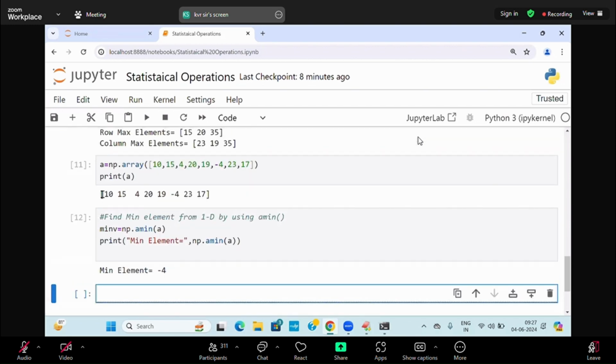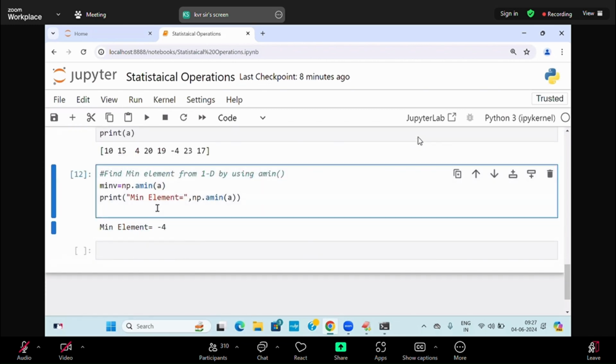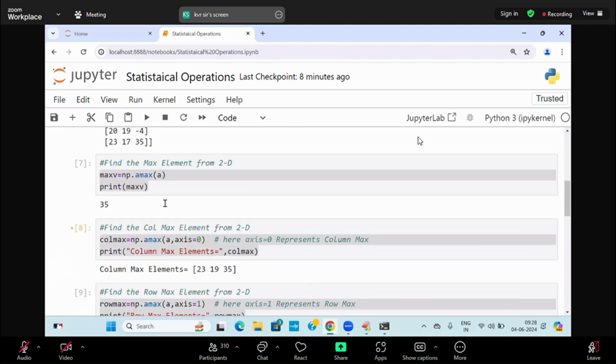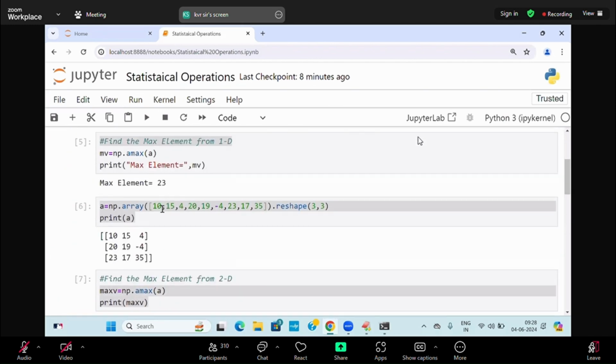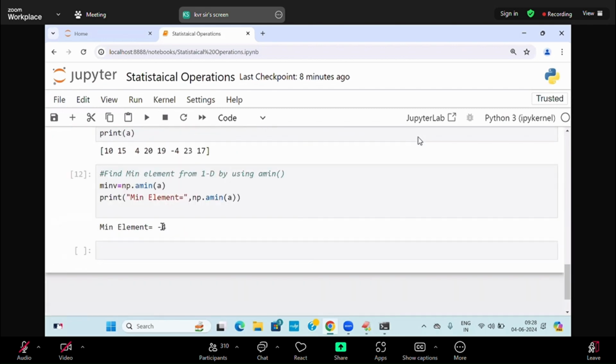-4. Among all these elements, the least negative element is -4. I hope you got -4. Similarly, if you want to find the same thing in 2D, you can obtain it like this.